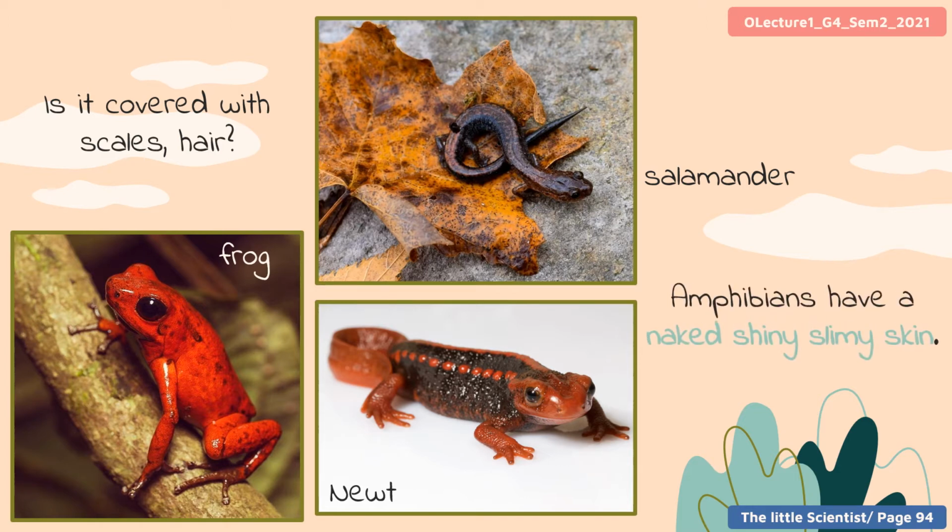So, amphibians have a naked, shiny, slimy skin. You can also add the word moist. So, amphibians have a naked, moist, shiny, slimy skin. They are not covered with scales or hair.